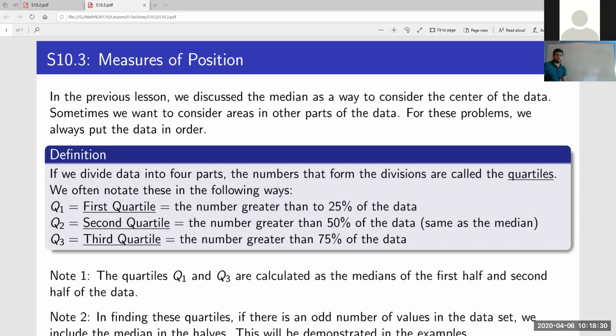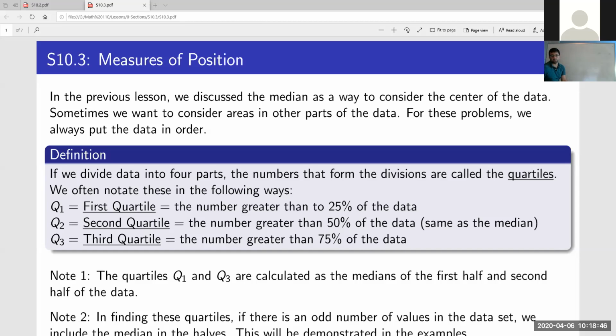But another way of looking at data is measures of position. So where a specific data point exists within the entire set of data.